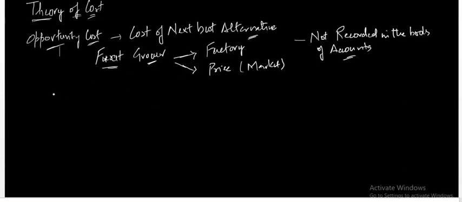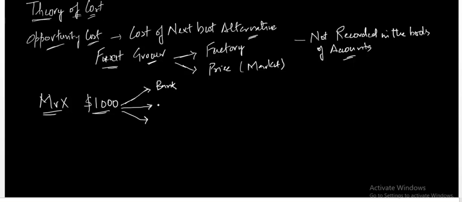Now let me consider an example. Say, for example, we have this Mr. X. Now what does this Mr. X do actually? He has, say, $1,000. Essentially he has three opportunities. He either can invest the amount in the bank, or he can loan it to a friend, or he can go and invest in his business.